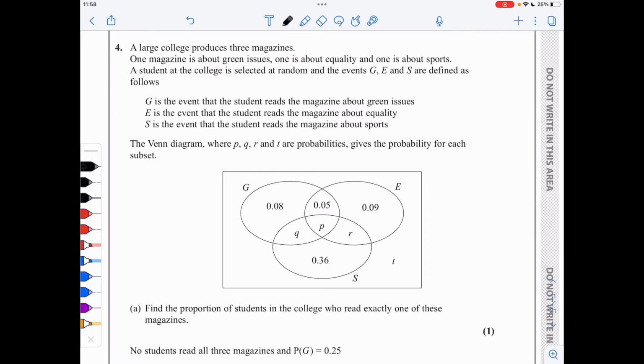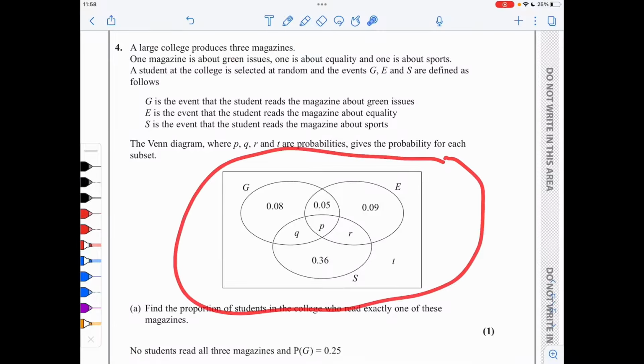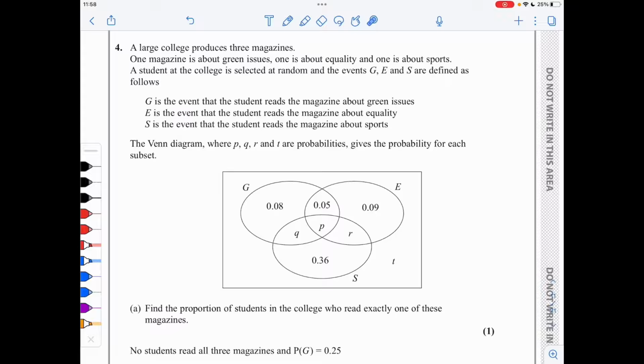In question 4, we've got a large college. It's producing 3 magazines. So we've got 3 events, G, E, and S, and this is the Venn diagram showing the different probabilities. We need to find the proportion of students in the college who read exactly one of these magazines. So this is simply the sum of 0.08, 0.09, and 0.36, because it's the only G, the only E, and the only S that we're looking for.